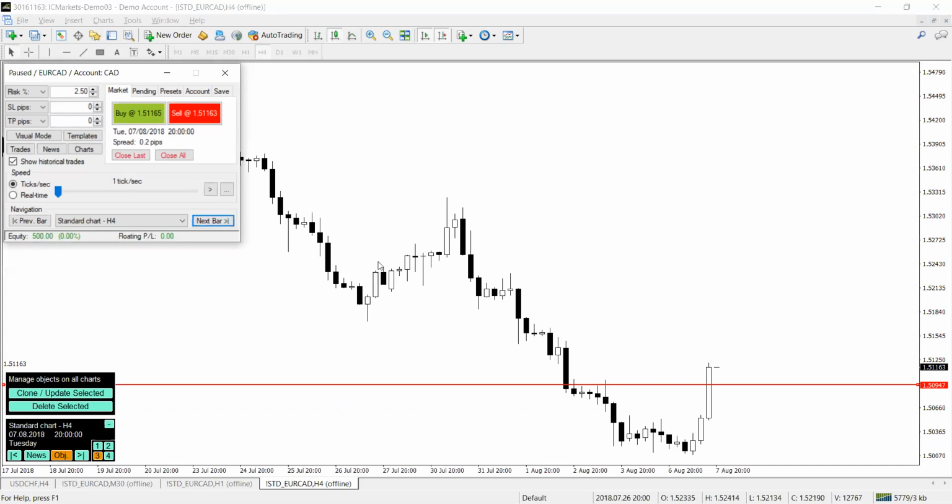Okay, so talk to me about the structure. So now the trend line I can put here. Yeah, perfect. The trend line was broken. What does that indicate to us?